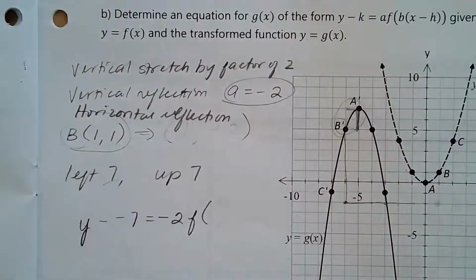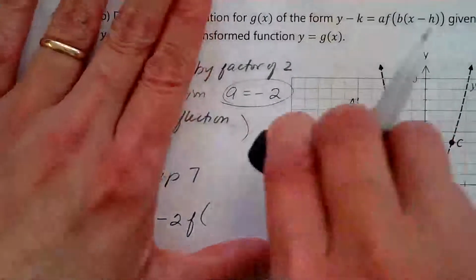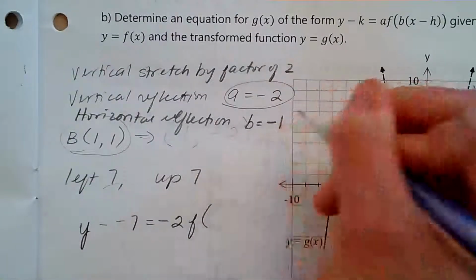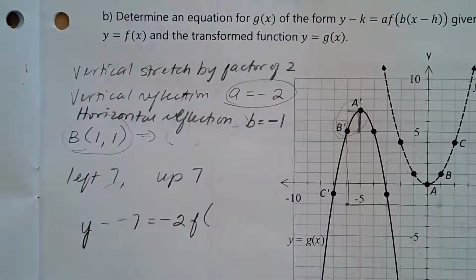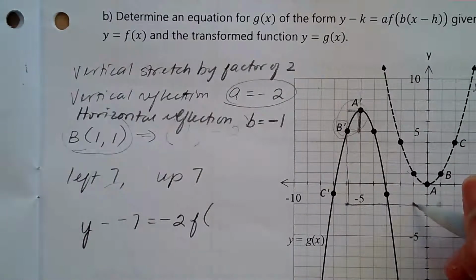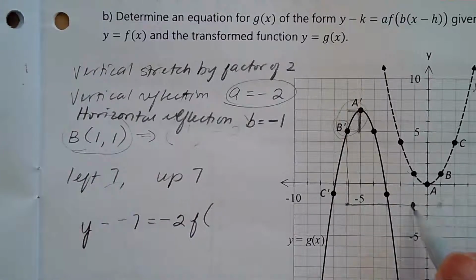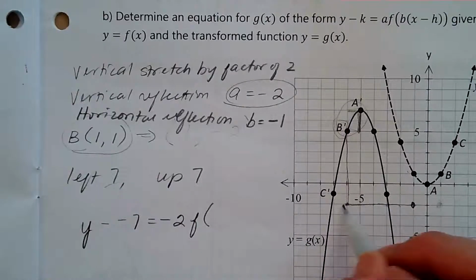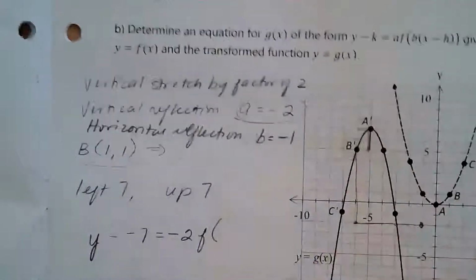So there's a horizontal reflection, so that gives us negative 1. So down to negative 1. Oh, so now that's what you were saying about 5 units. 1, 2, 3, 4, 5. Yes. Good.